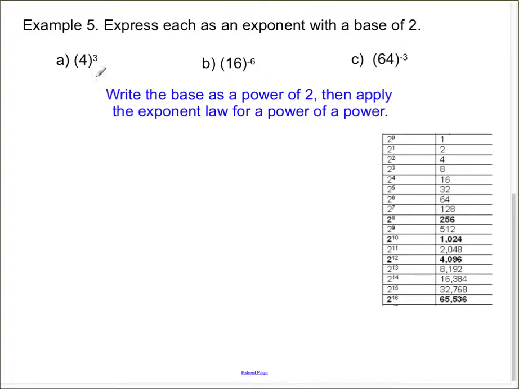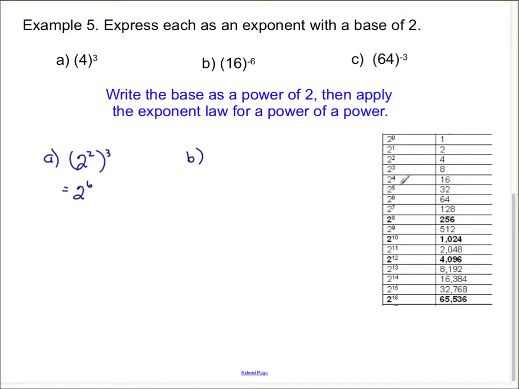So I'm going to take this for part A, and I'm going to write it as 2 squared, but now there's that little 3 on the outside of the brackets. So we want to express as an exponent with a base of 2. So this is 2 to the exponent 6.